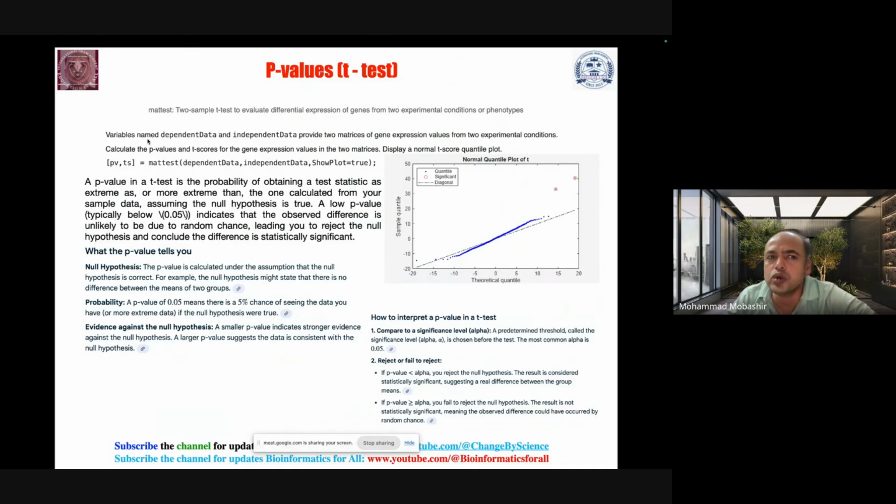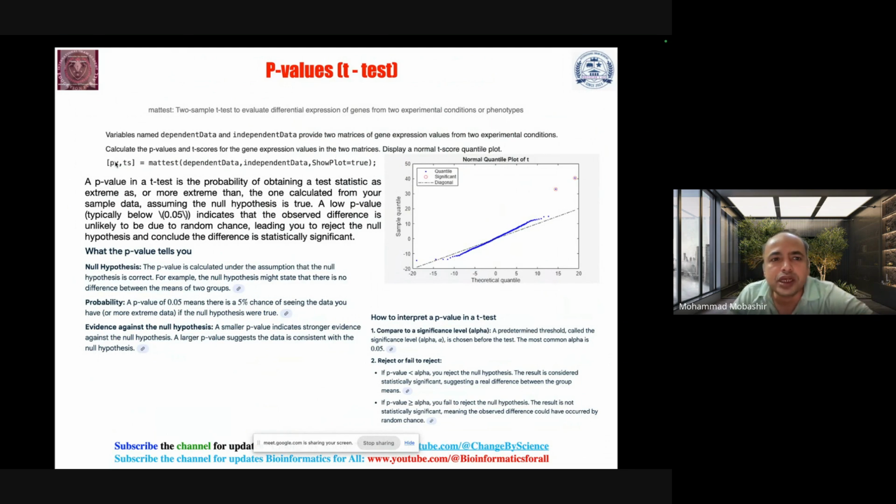So variables could be named dependent data and independent data, which provides two matrices of gene expression values from two different experimental conditions in all the samples. Then calculate the p-values and t-scores for the gene expression values in the two matrices.